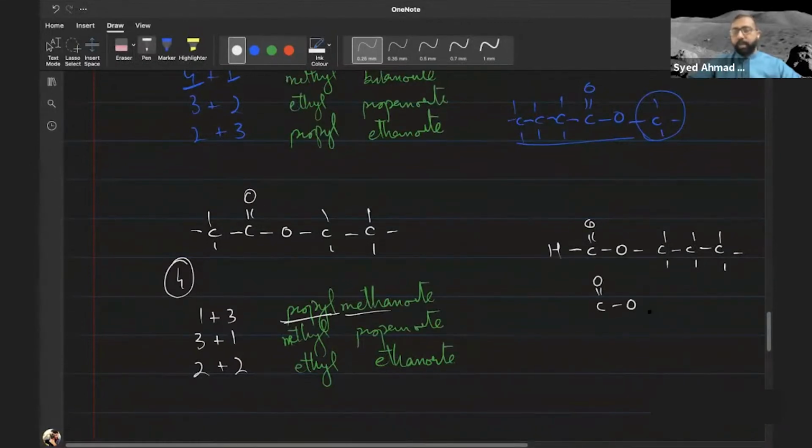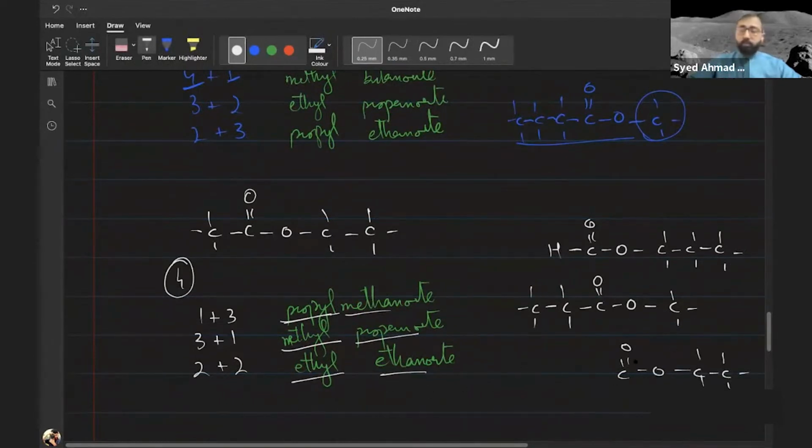C डबल बॉन्ड O तो बनाना ही है क्योंकि एस्टर है. मिथाइल मतलब अल्कोहल साइड पे 1 कार्बन है और प्रोपेनोएट मींस आई हैव 3 कार्बन ऑन द अदर साइड. देयर यू गो. इथाइल एथनोएट कैसे बनाऊंगा? आई हैव C डबल बॉन्ड O और अल्कोहल साइड पे 2 कार्बन है, सो आई पुट 2 here and then ethanoate means I have 2 over this side, so एक तो बना हुआ है तो एक और मैंने बना दिया. And that is how I can make different isomers of esters. So esters के नाम आ गए, ester के isomers आ गए, nomenclature is done.